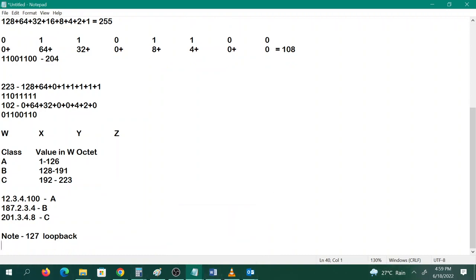Based on the octets, there are two portions in an IP: the network portion and the host portion.